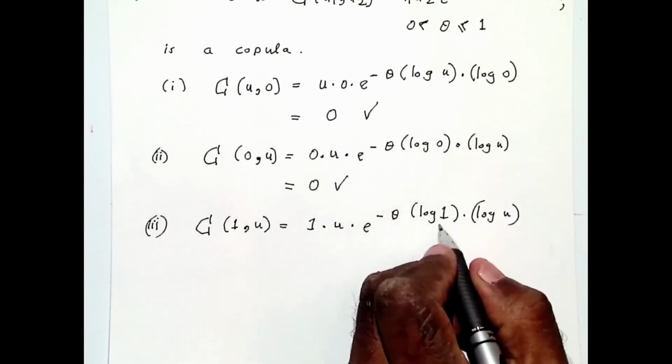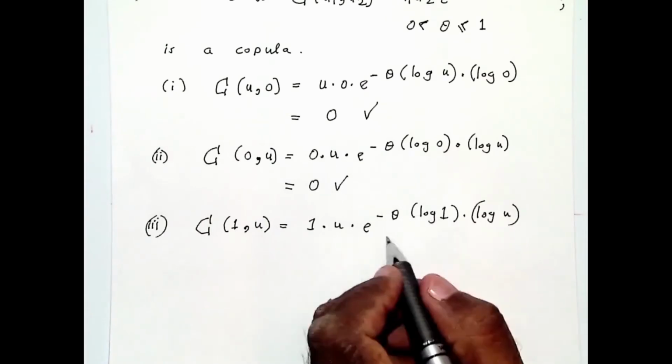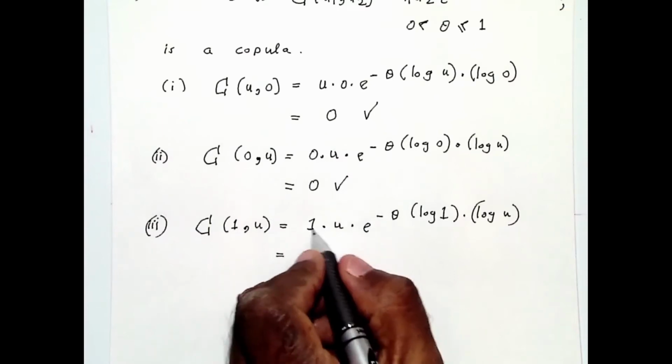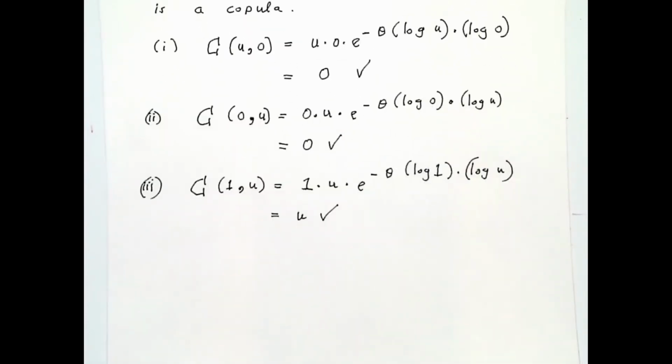Now log of 1 is 0, so everything inside here, everything over here is 0, and e of 0 is 1, so this is equal to u. So condition 3 is satisfied.